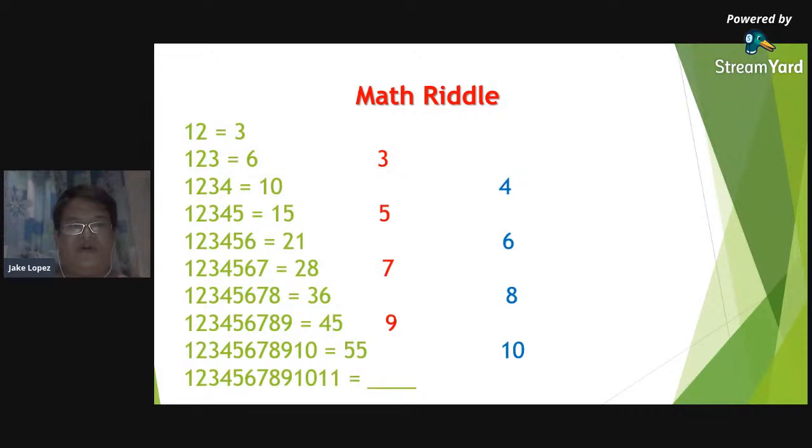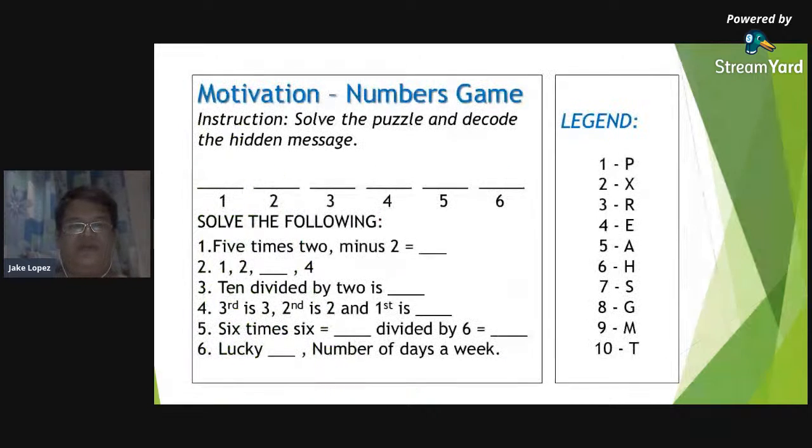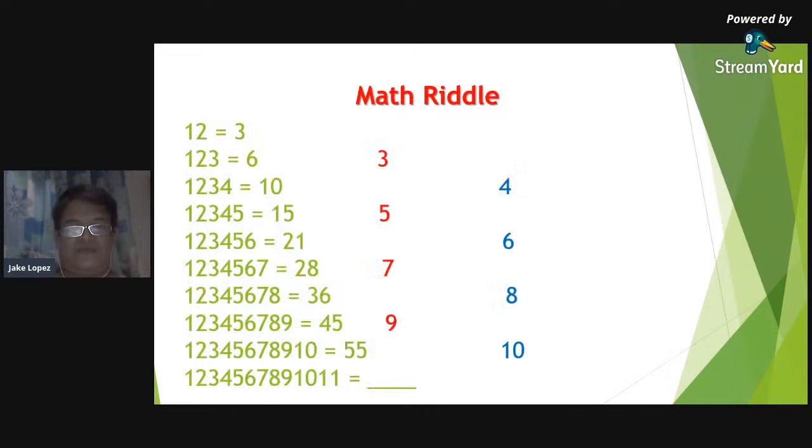The difference of 3 and 6 is 3. If you add here, there is 4 on this side, and here it's 5, and if you add this one it becomes 21, and so on and so forth. It should be 66.